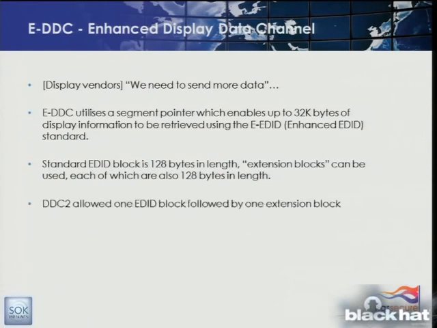DDC2 allowed a single EDID block, the VESA block that I've talked about, followed by one extension block. But E-EDID now allows you to supply 256 128-byte blocks, so significantly more data.